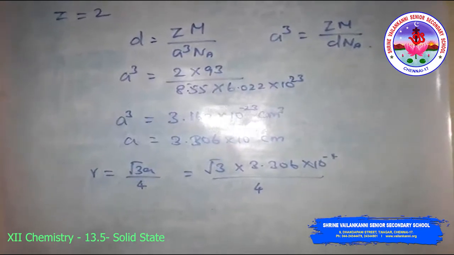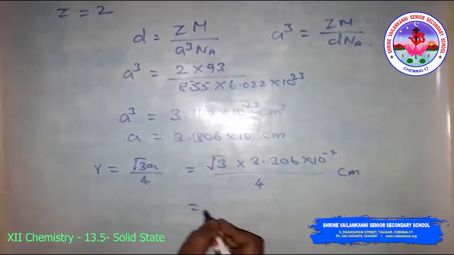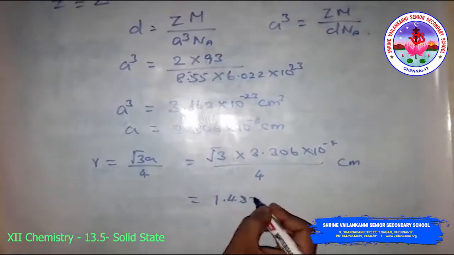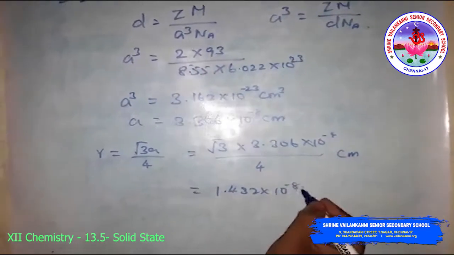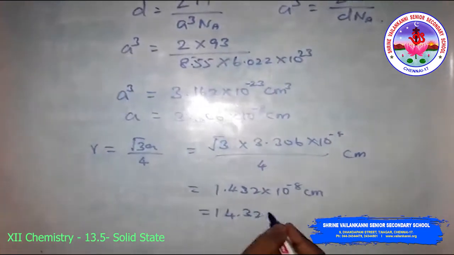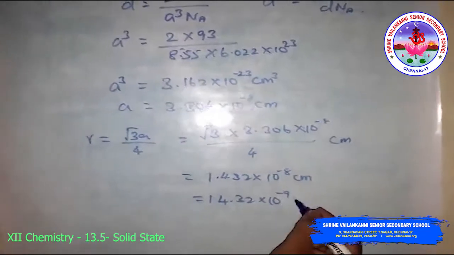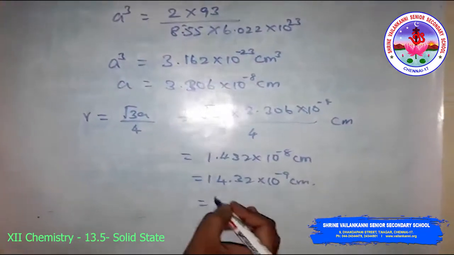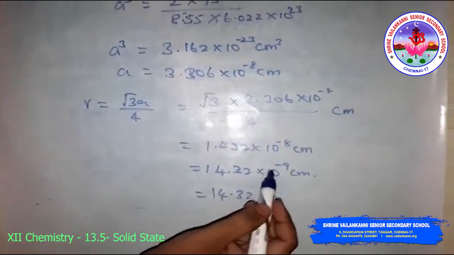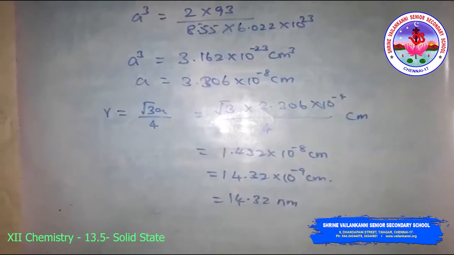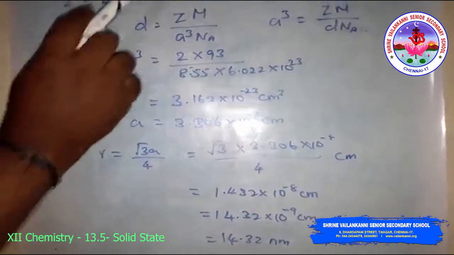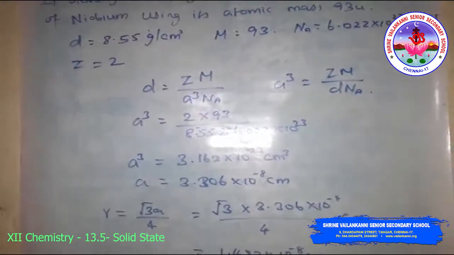The unit is centimeter, so after simplification you will get 1.432 into 10 power minus 8 centimeter, or you can write it as 14.32 into 10 power minus 9 centimeter, or in nanometer, 14.32 nanometer, because 10 power minus 9 centimeter is 1 nanometer. So this is the atomic radius of the niobium crystal.